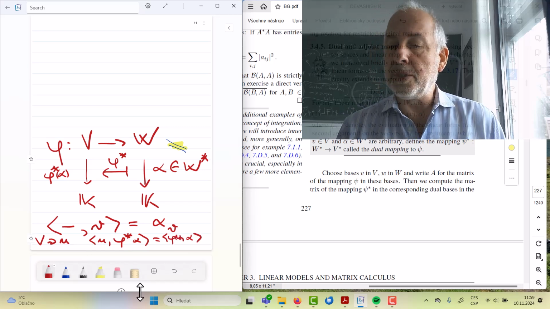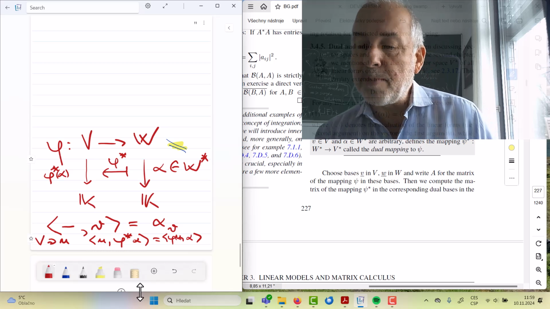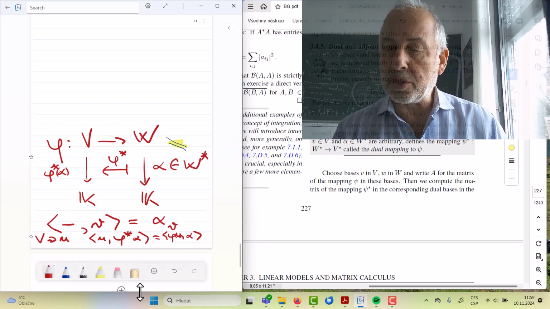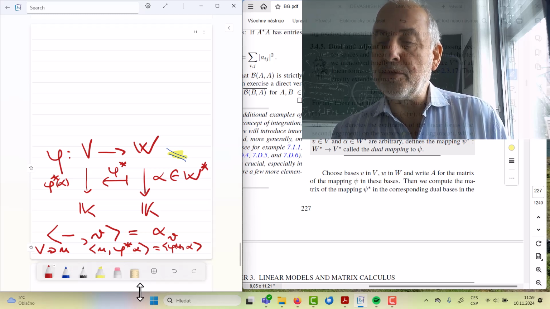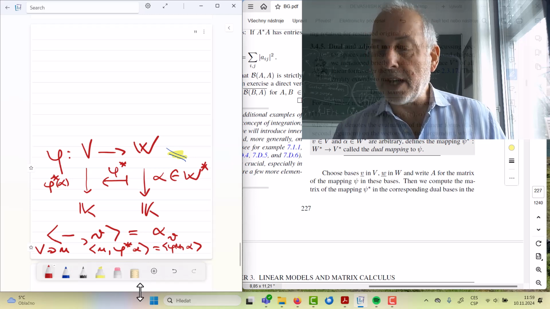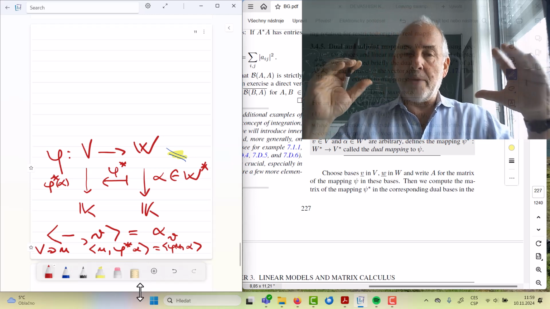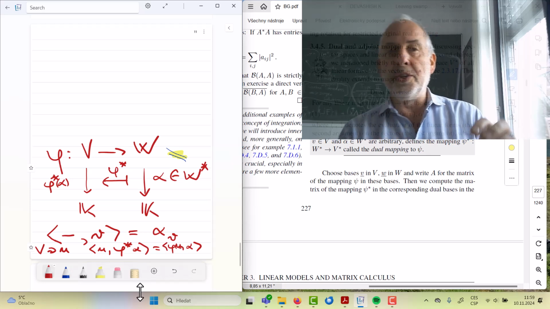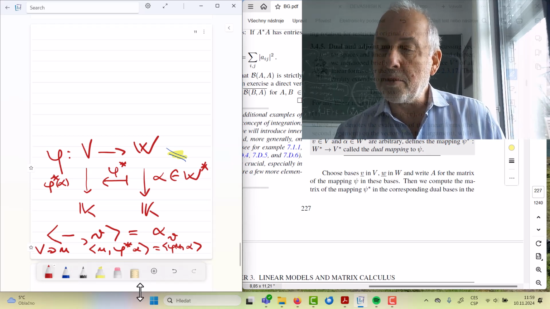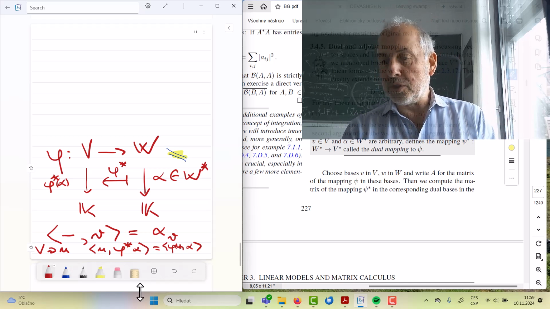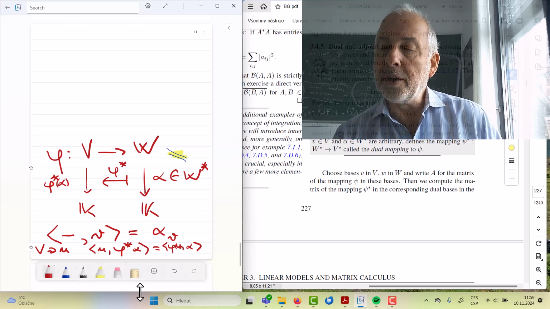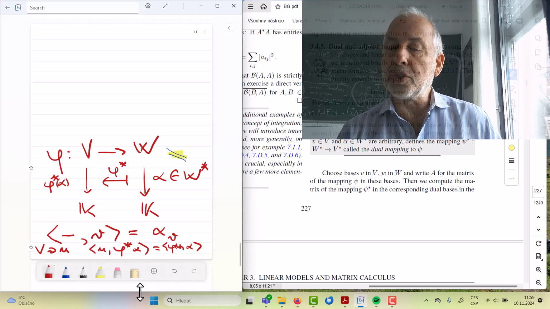I didn't have much space in this bottom line here, unfortunately, but I used the formula already identifying this with the scalar via the scalar product. You can use the same brackets as evaluation of the linear forms. The second term in the bracket will be a linear form, the first slot will be the vector, and that's exactly what the physicists are using.